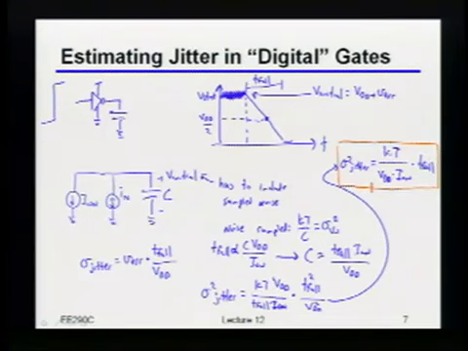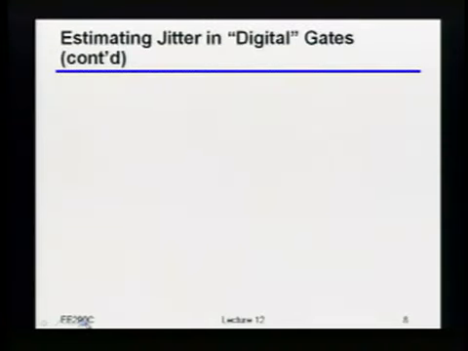As I said, we spent a lot of time deriving what happened due to that initial uncertainty. But as you can imagine, even if I had a perfect initial condition, I'm still going to get some jitter just because this noise current is going to be changing the exact time at which we cross the threshold. So let's go through and figure out what the impact of that noise would be in terms of causing jitter at the output.